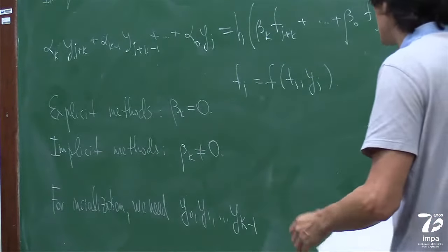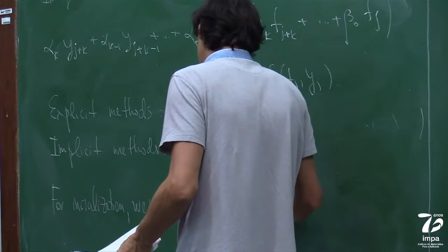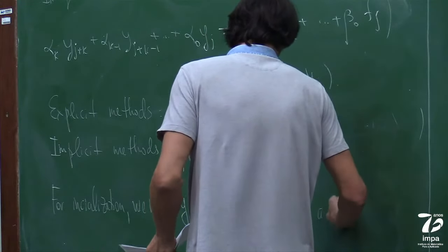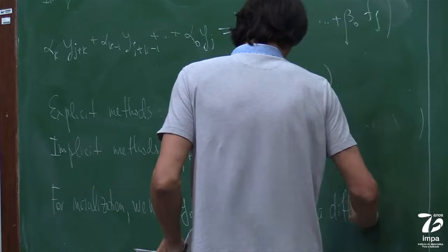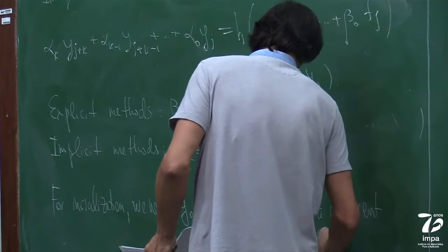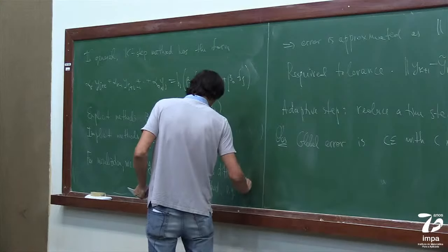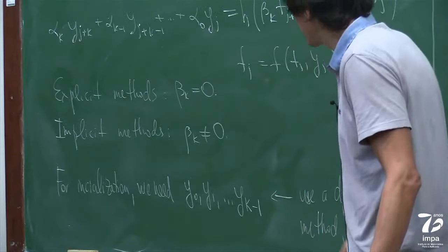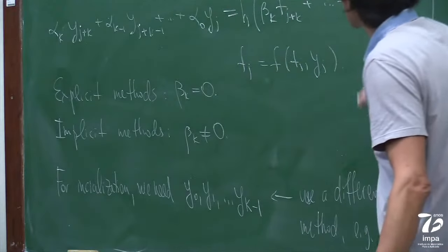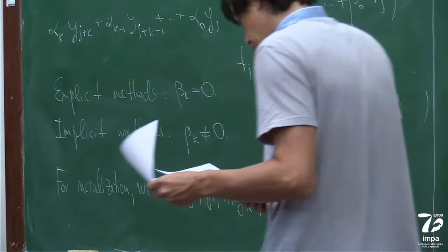So you need the first k points, for which you can use whatever method, and then you apply the multi-step method. This is another strategy that can be used.